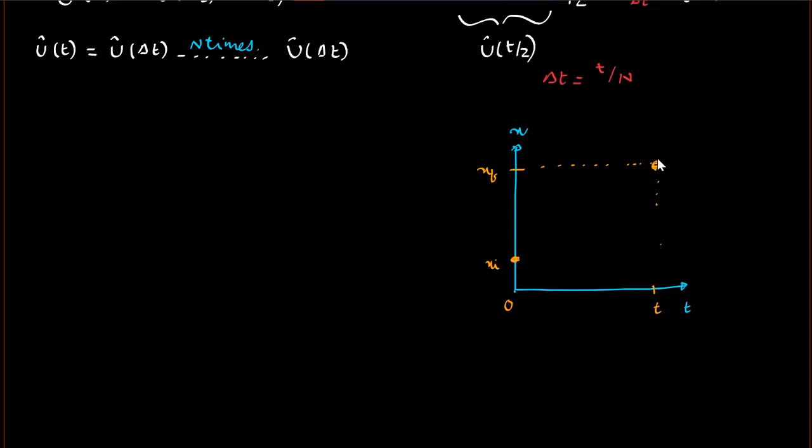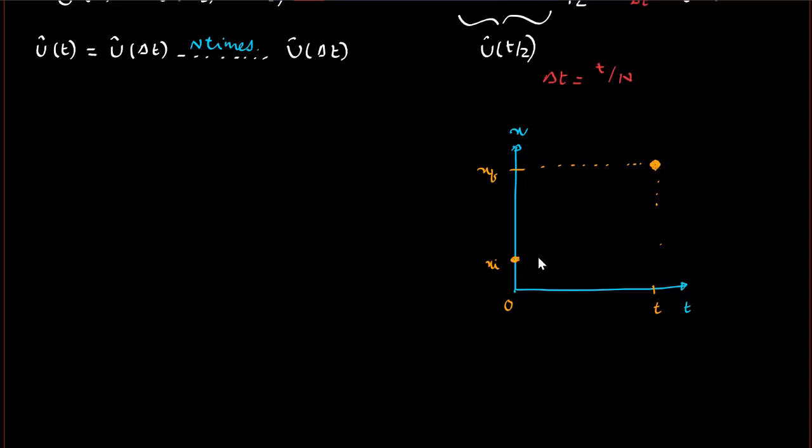That means this point. So we want to find out, if we have the particle initially at the x_i point at time t equal to 0, then what is the probability that the particle will be present at this final position after some time t.